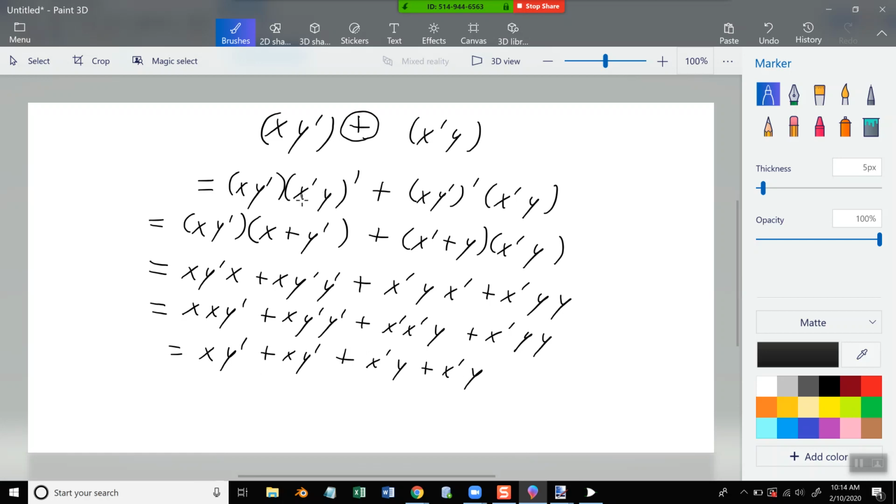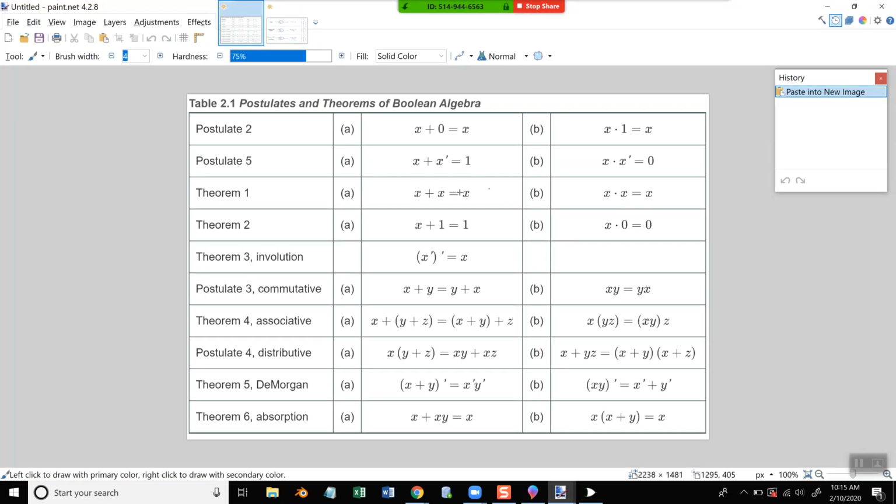Just double check everything. Okay, appears to be right. Now I've got two things with a plus between them that look the same here, and actually here too. So let's see if I have something about that, like x plus x.